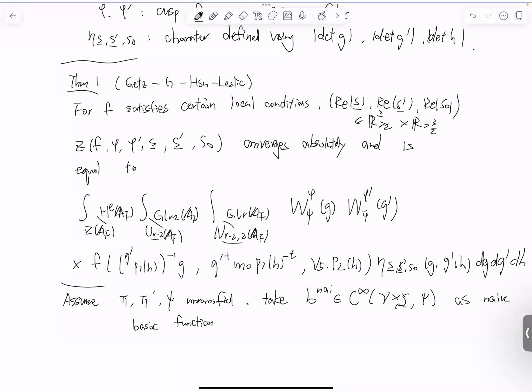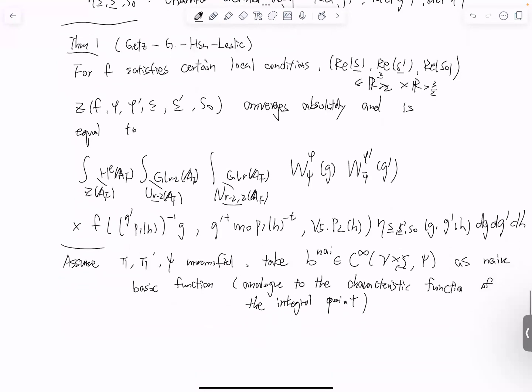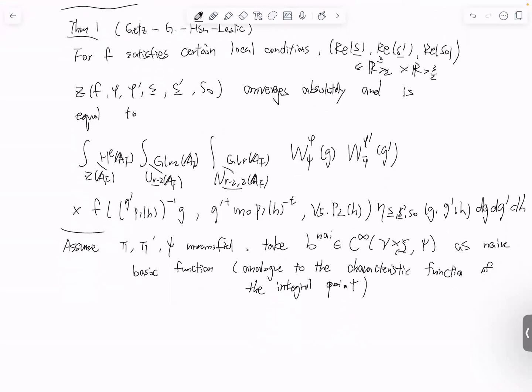So at the moment, this is defined analogous to the characteristic function of the integral points, similar to the Godement-Jacquet case. So in the space of smooth compactly supported functions, the basic function is a characteristic function.